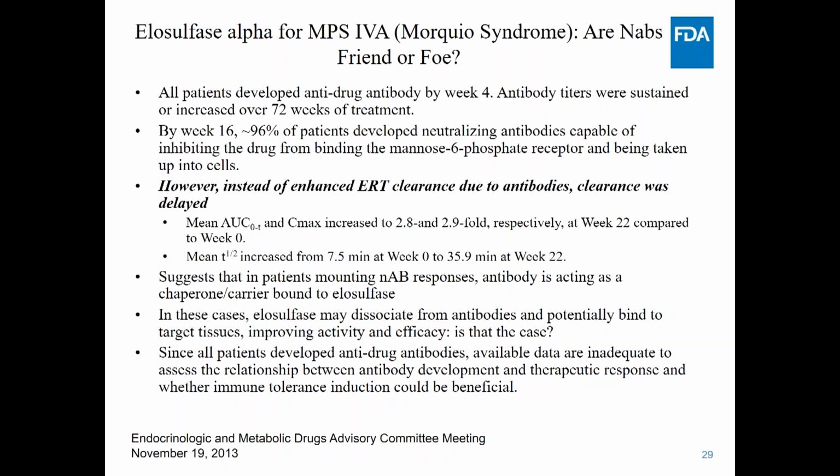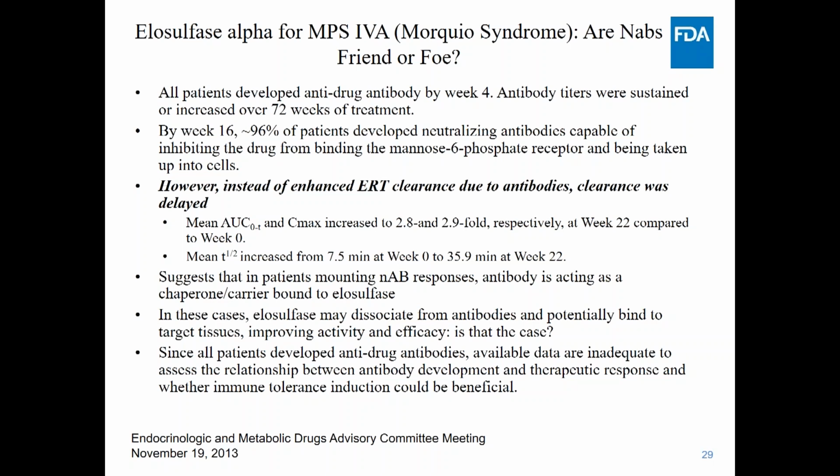However, instead of enhanced clearance of the enzyme replacement therapy, clearance was delayed. The area under the curve and the Cmax increased dramatically at week 22 compared to week 0. The half-life increased from 7.5 minutes at week 0 to 36 minutes at week 22. So this suggests that in patients mounting these responses, antibodies are acting as a chaperone.